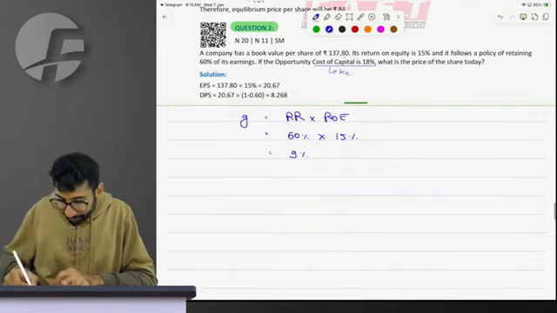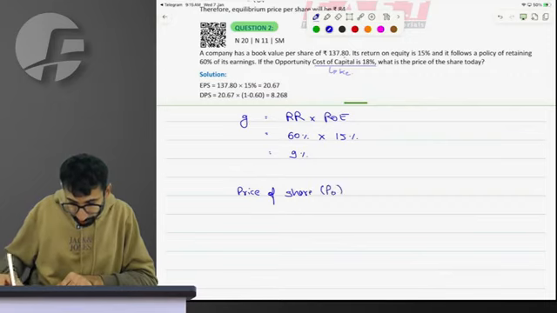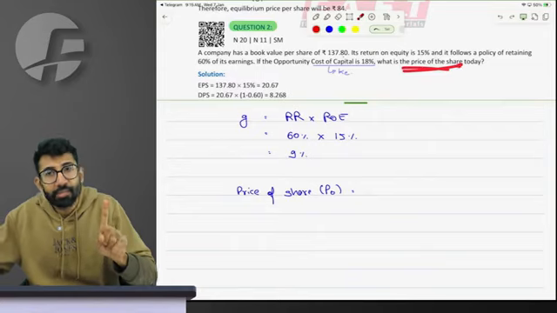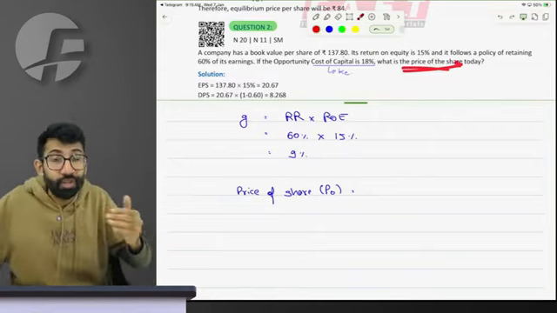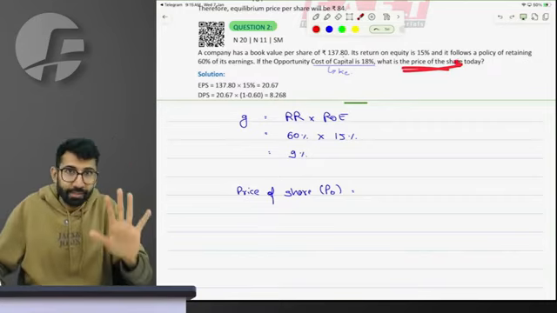Now, finally calculating the price of share, which is P0. Sir, how can the examiner ask me to calculate the price? Price is something which prevails in the market. What we calculate is called the equilibrium price or intrinsic value, but never the actual market price. Agreed.